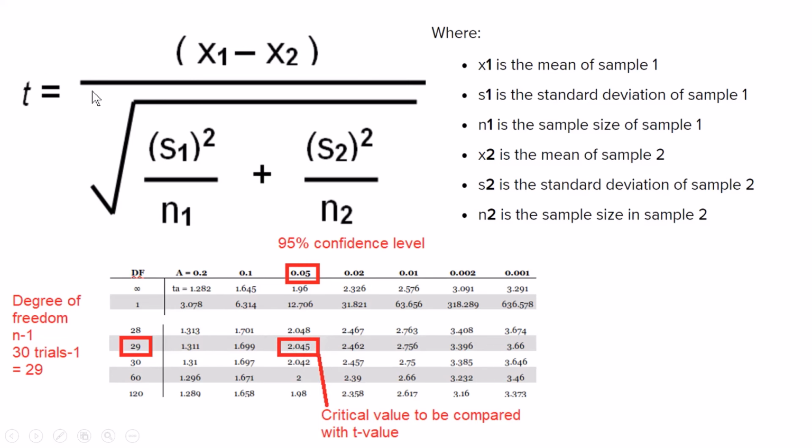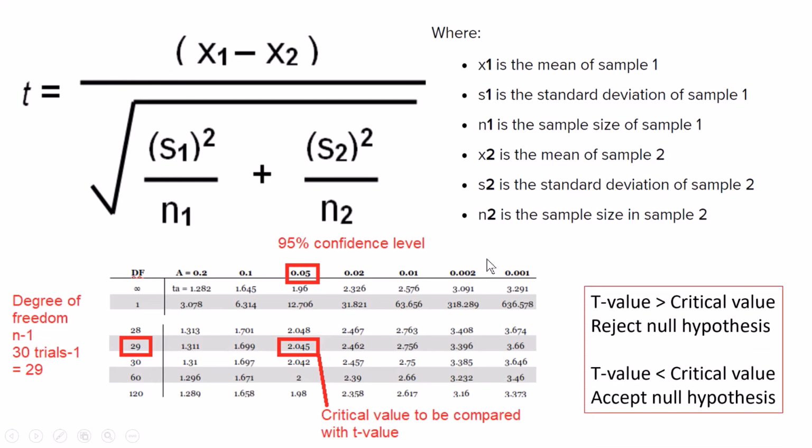If the t-value that you calculated is greater than 2.045, then you will reject the null hypothesis. And if the t-value is smaller than the critical value, then you accept the null hypothesis.